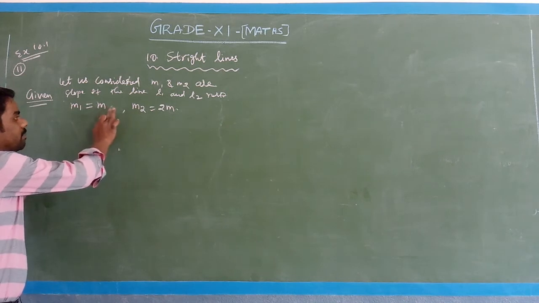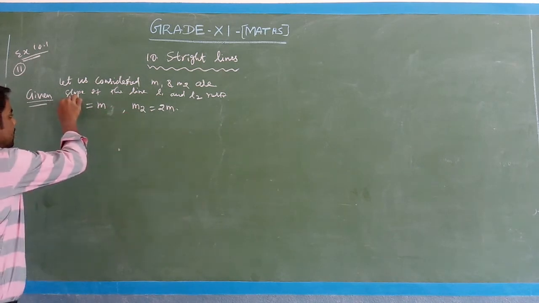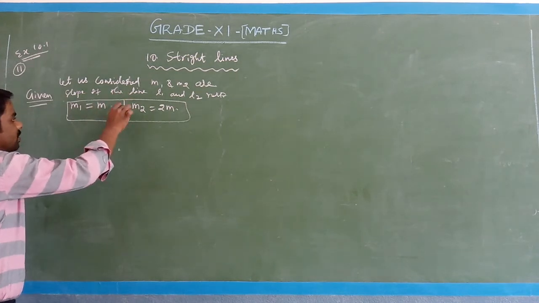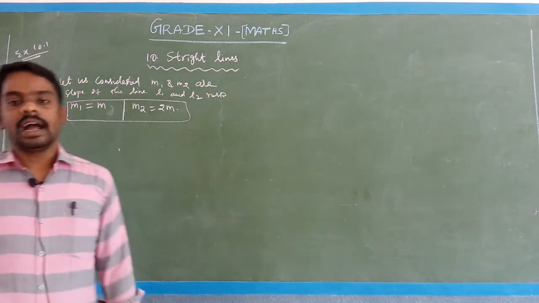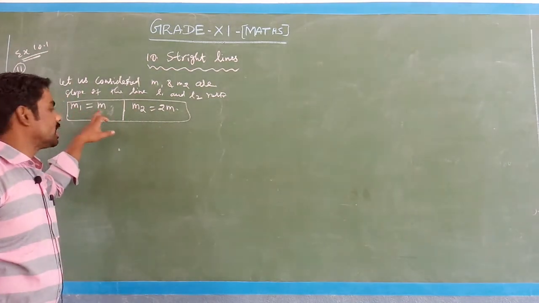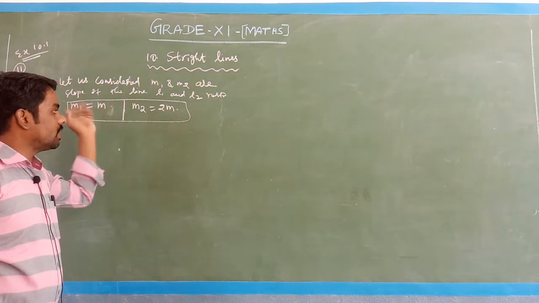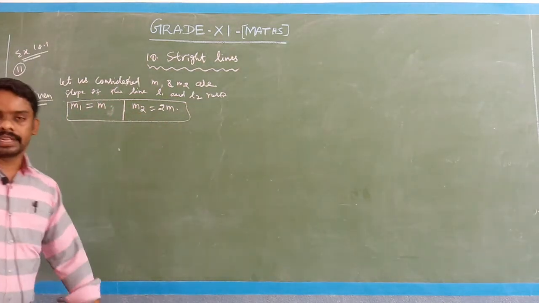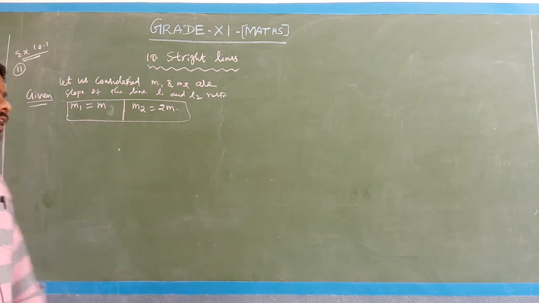This is the given information: the slope of one line is double the slope of the other line. So the slope of the first line is m1 equal to m, then the slope of the second line is double that of the first line, that is 2m.